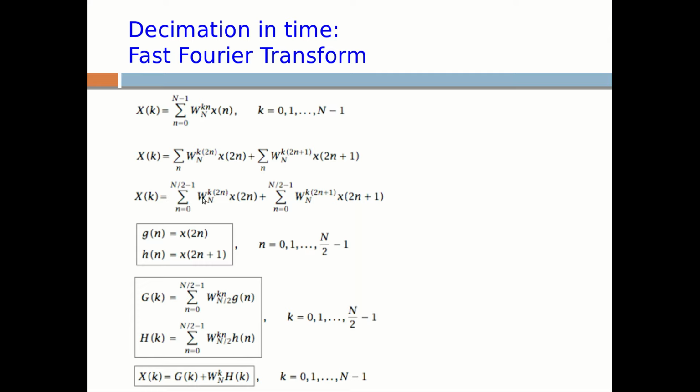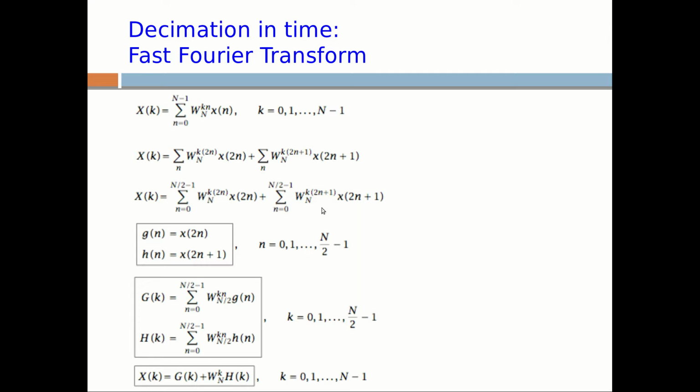Using the property omega_N^{2kn} is equal to omega_{N/2}^{kn}. This can be shown by simplifying omega_N^{2kn}, which is equal to e to the power minus 2 pi j into 2kn by capital N. The 2 in the denominator can be brought down, which would become e to the power minus 2 pi j into kn by capital N/2.